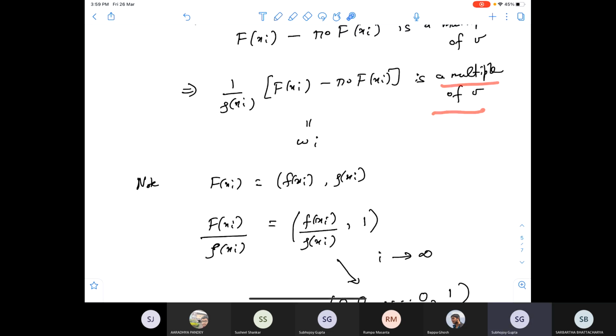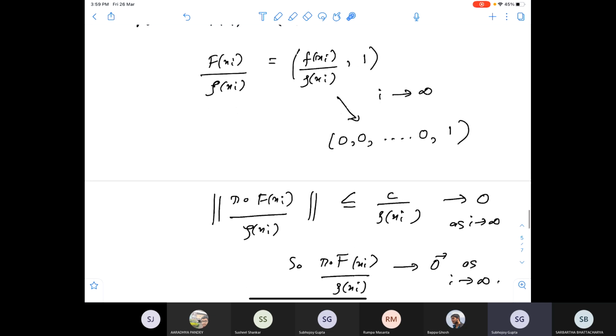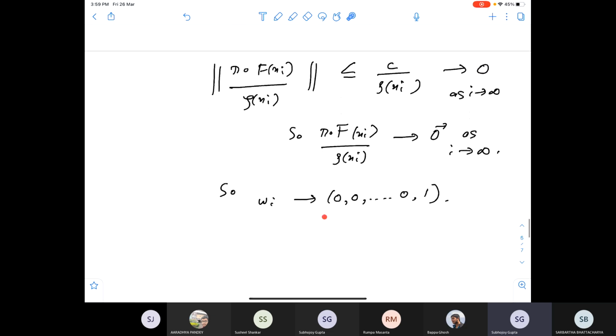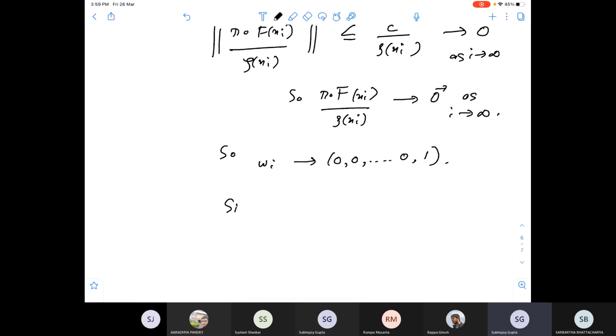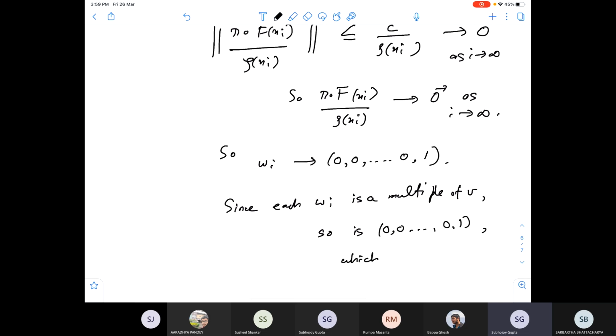If a sequence of vectors which are all multiples of v go to this vector, then v must be a multiple of this vector, which is a contradiction. Since each wi is a multiple of v, so is 0, 0, 0, 1, which is a contradiction. And we are done.